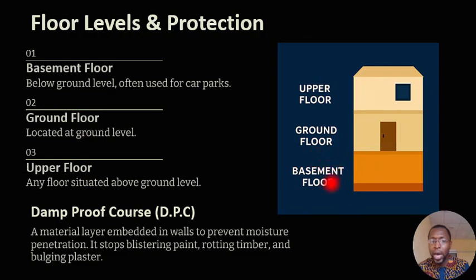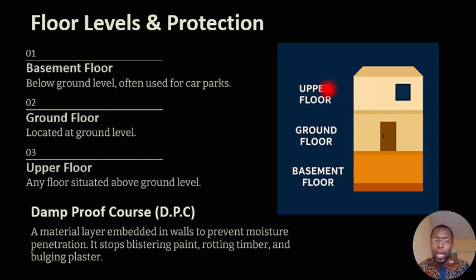The basement floor is below the ground floor level, as you see there, and is usually used for car parks. The ground floor level is below the upper floor level, and the upper floor level is any floor above the ground level. That's the arrangement: the basement floor comes before the ground floor, and the ground floor comes before the upper floor.